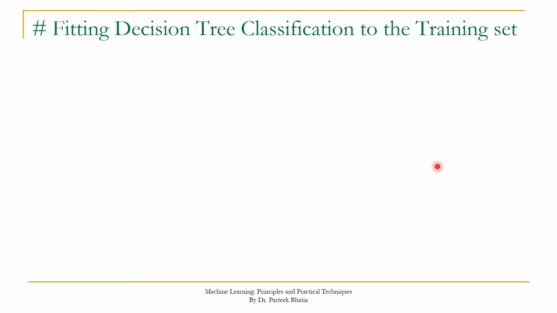In previous session, we have already featured scaled our training and test data. Now we are at a position to fit our decision tree classifier over this dataset. So let us discuss the code to fit decision tree classifier over the training data.